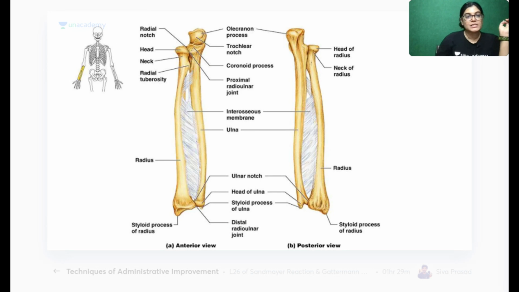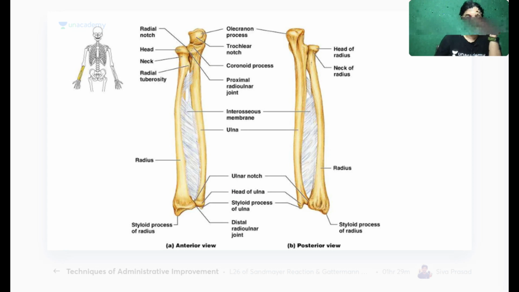So my dear aspirants, can you appreciate here the interosseous membrane, the green color highlighting which I am doing? This is the interosseous membrane, connecting the two bones. Now also you can see here the radial tuberosity and the head of radius superiorly, but if you see the head of the ulna bone, you can see here, this is the head and this is lying distally.